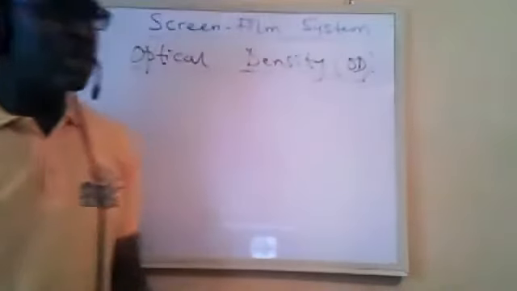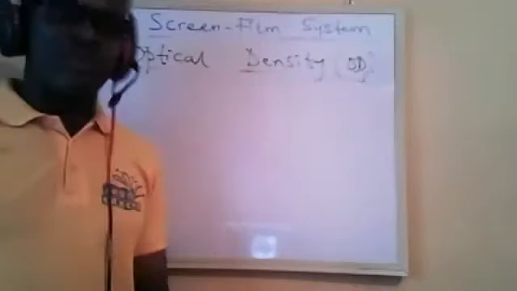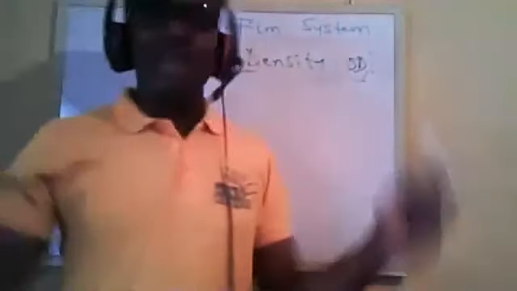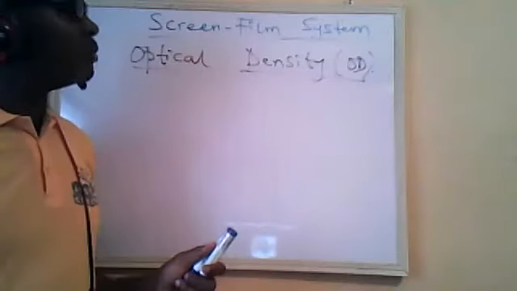So if you have a film that is not properly exposed, you're going to have a low OD. But one that has been properly exposed, you're going to have a high OD. The one that has been overexposed, you're going to have a very high OD value.